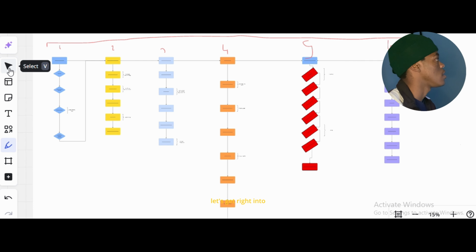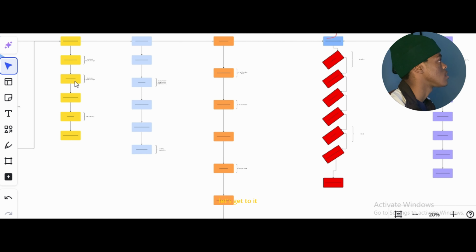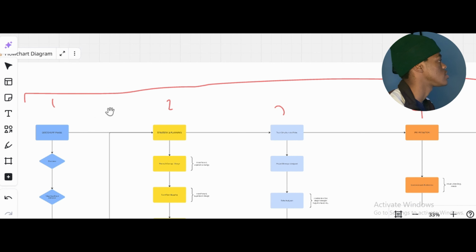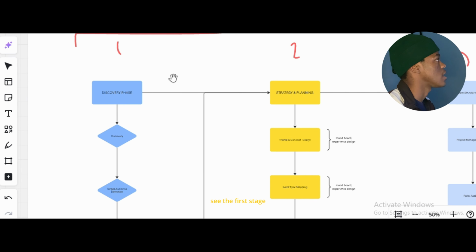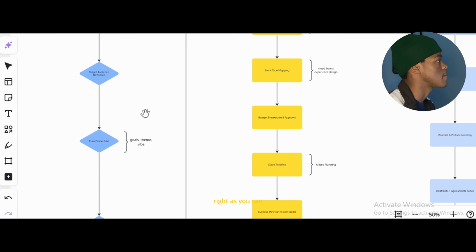And let's get right into the first stage, right? Let's get to it. As you can see, the first stage is the discovery phase, which includes about 4 steps.